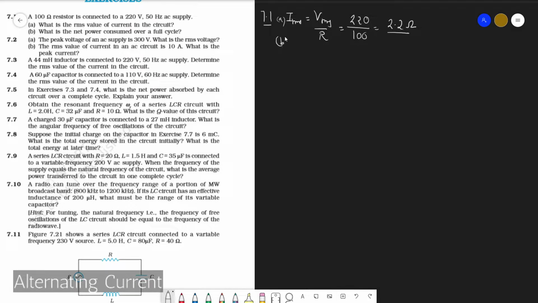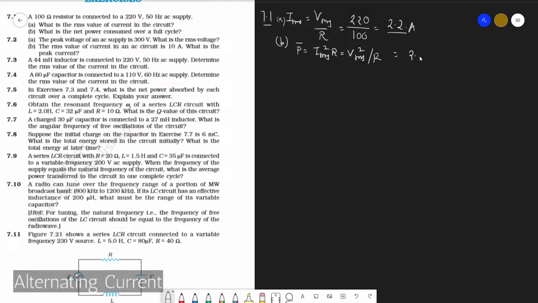In the B part, he is asking what is the net power consumed over a full cycle. So what is the net power over a full cycle? We call it average power also, and it is given as IRMS square R, or alternatively we can use this formula as well. Any one of the formulas you can use. If I take IRMS square into R, so obviously you get the RMS current as 2.2 ampere.